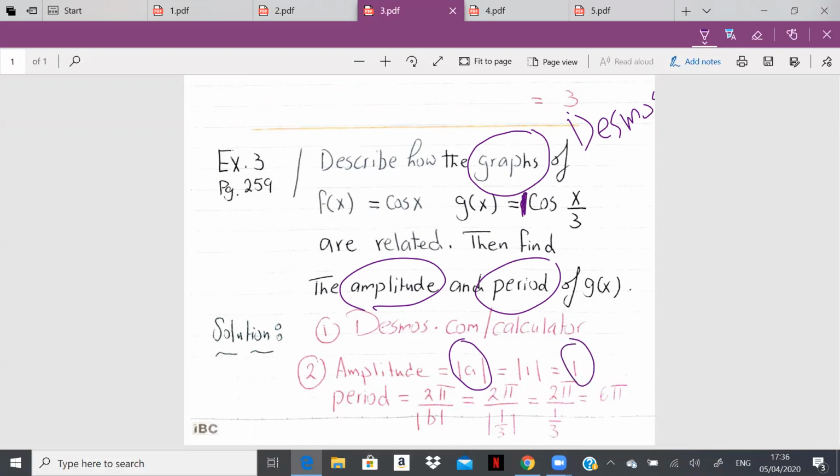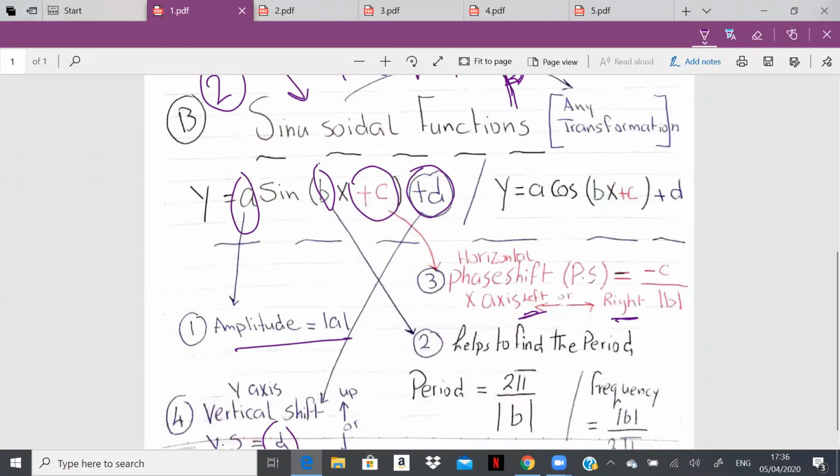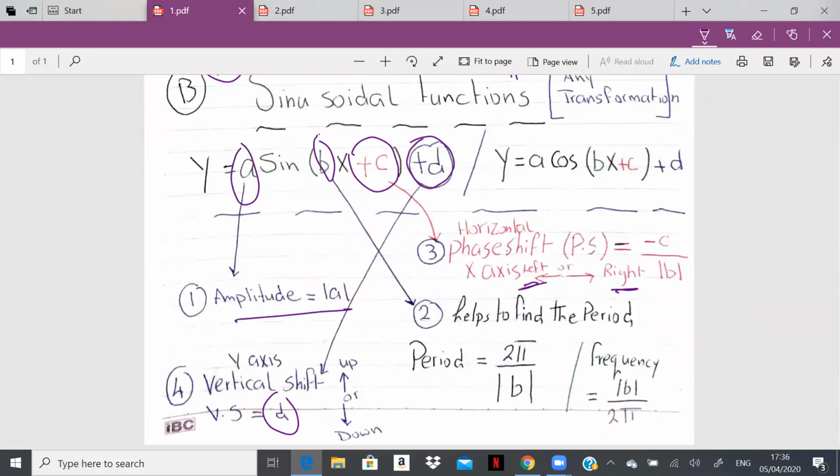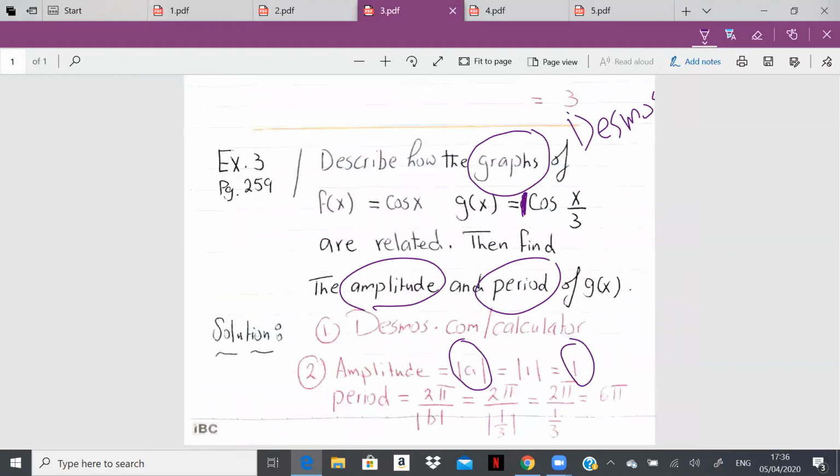What about the period? The rule of the period is 2 pi over absolute value B. Where is it? In the first page, the period is 2 pi over absolute value B. What is the B here in this question? B equals 1 over 3. How come? Because this one is cosine 1 over 3 x.